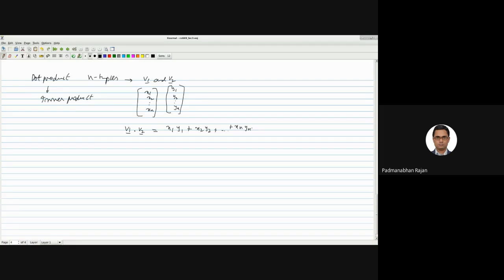So this is the dot product. And what will the dot product be? This is going to be an element of F. When you do the dot product, you're going to get something in the field. You no longer have a vector. So basically, if you have three-tuples and you find this dot product, you will get a single number, a real number.